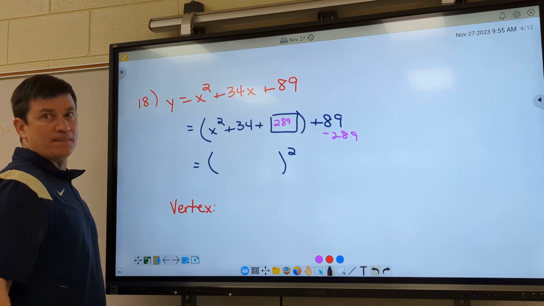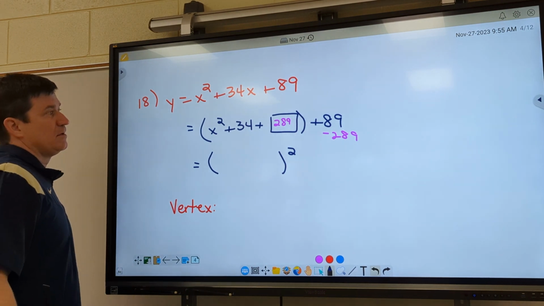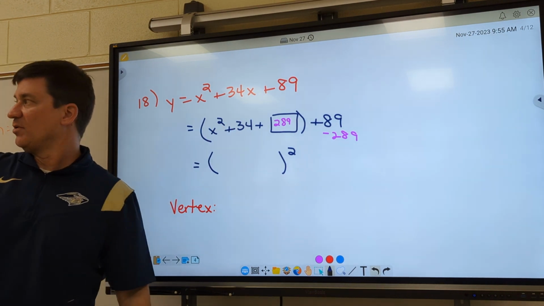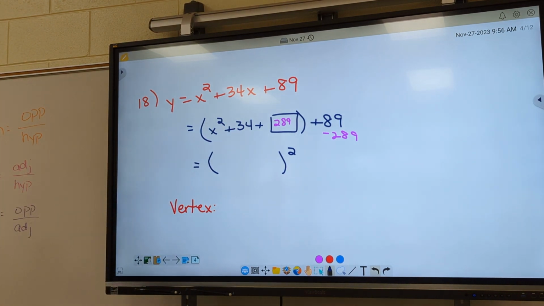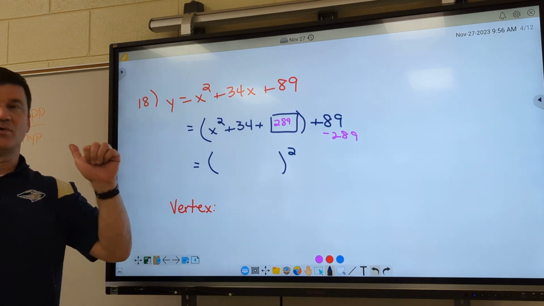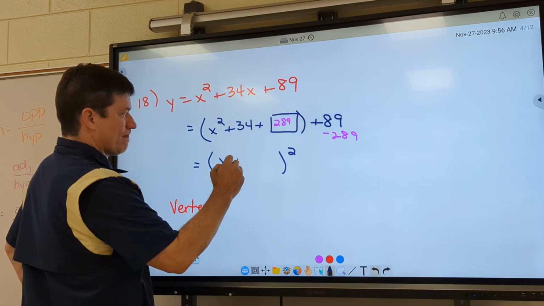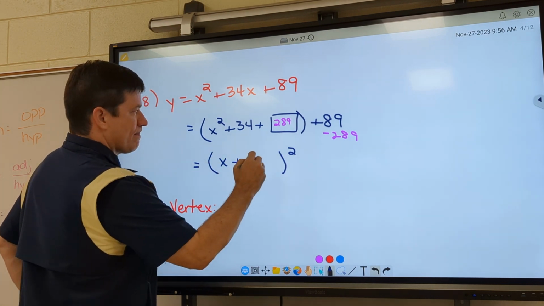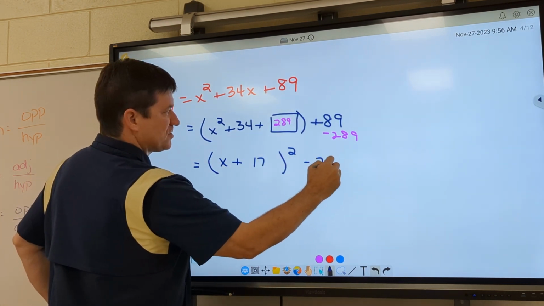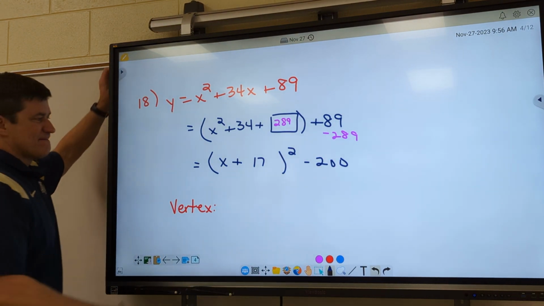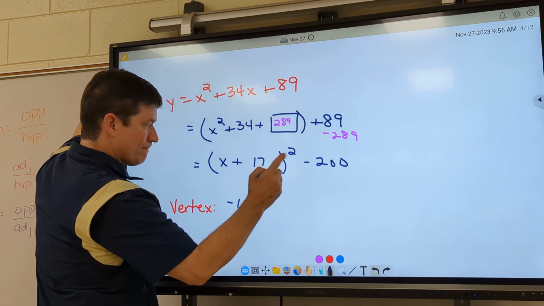Half of 34 is 17, and 17 squared is 289, so I think we're good there. You would put x plus 17. Add this up, it's minus 200. All right, Alicia, what's my vertex? You would do negative 17 and negative 200.